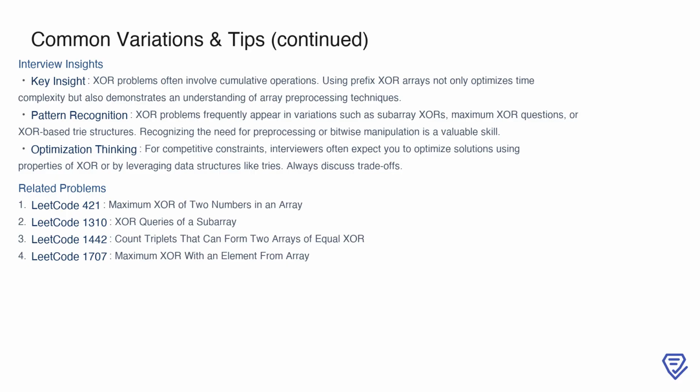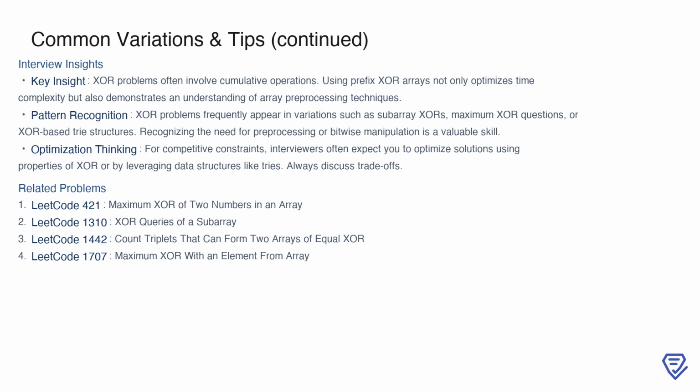Recognizing when to use pre-processing or bitwise manipulation is a skill that can set you apart. Furthermore, optimization is a key expectation in competitive coding and interviews. When dealing with constraints, interviewers often look for solutions that leverage XOR properties or advanced data structures like tries. It's also important to discuss the trade-offs involved in your approach, demonstrating a thorough understanding of the problem.